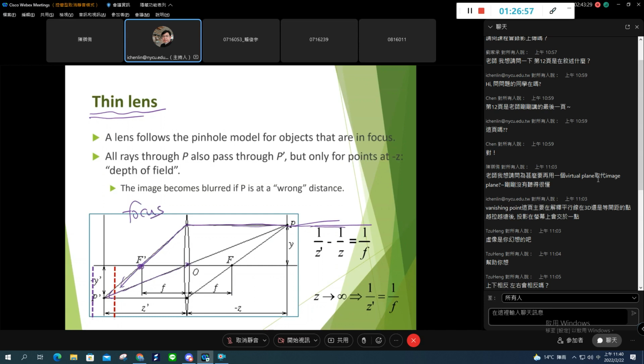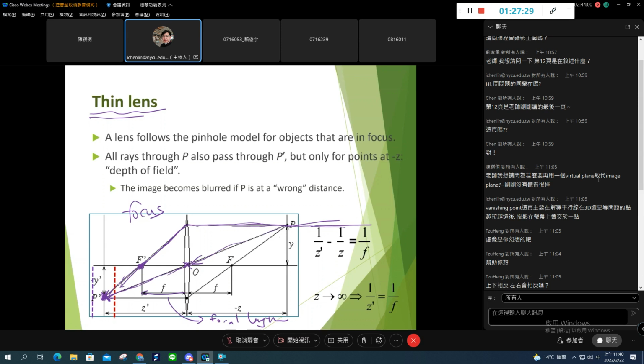This is the common focus we call, and this distance is the so-called focal length. So this parallel ray passes through the focus, and this ray passes through the camera center and goes straight, and we can find their intersection point here.